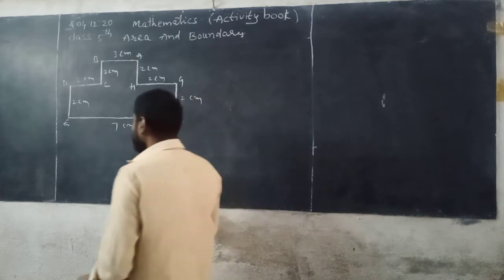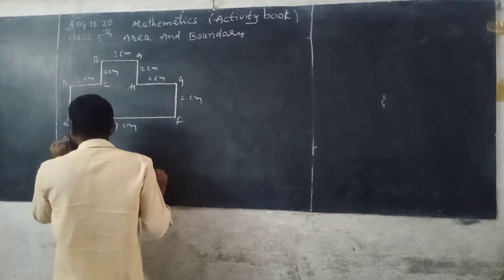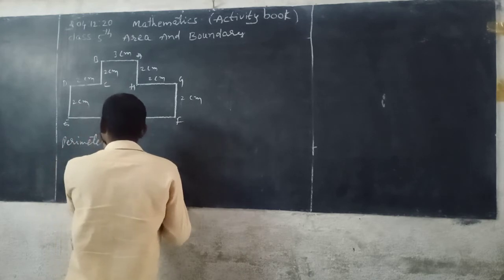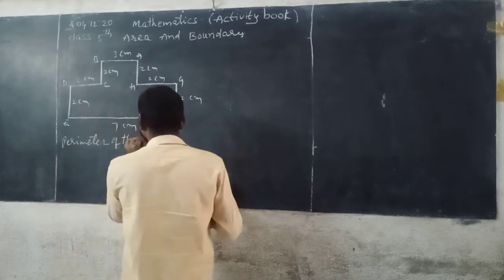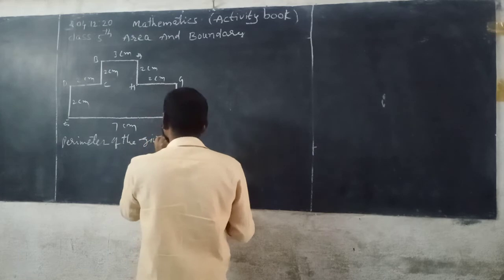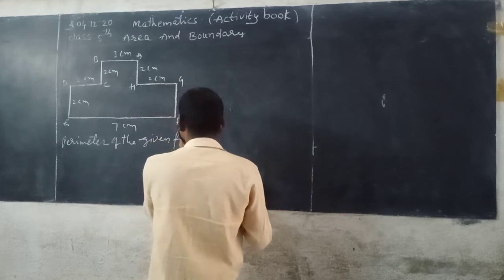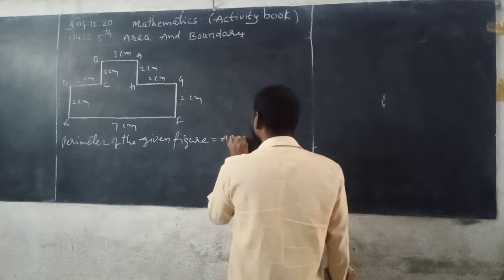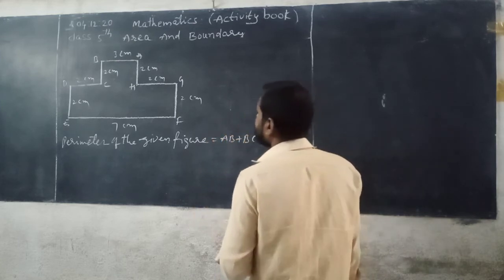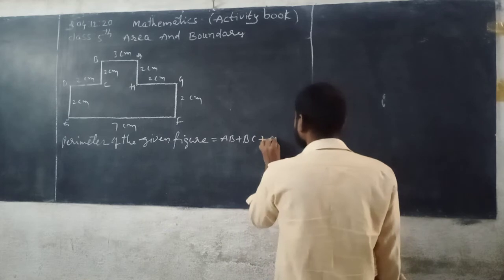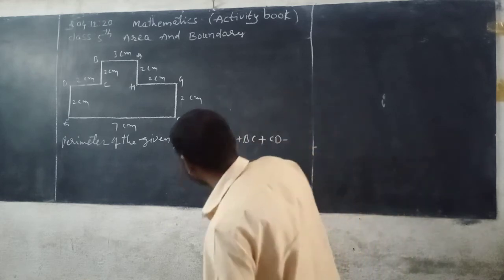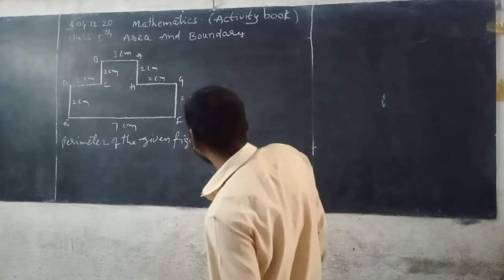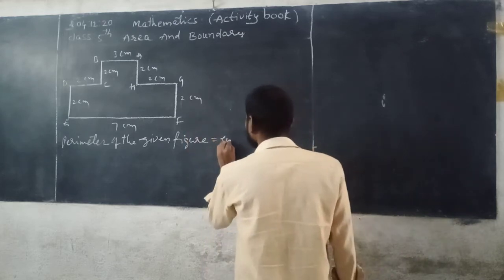Now find out perimeter of the given figure. Perimeter of the given figure is equal to the sum of the sides.